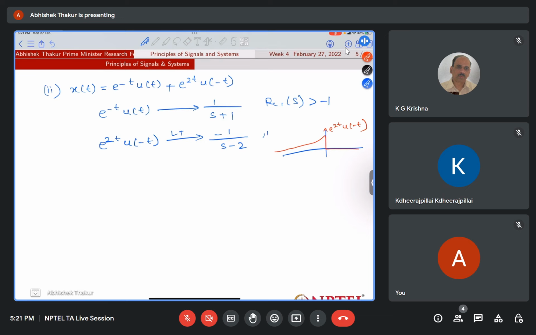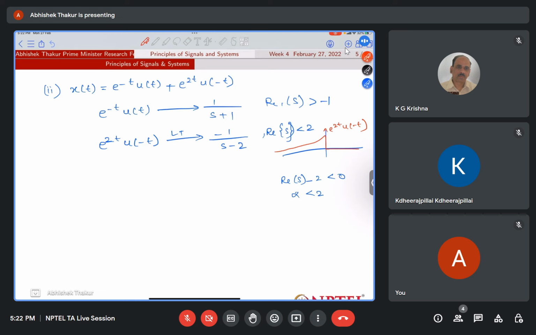So the region of convergence of this will be, that is s minus 2, the real part of s minus 2 should be less than 0. So it will be alpha is less than 2. So here the region of convergence is less than 2.